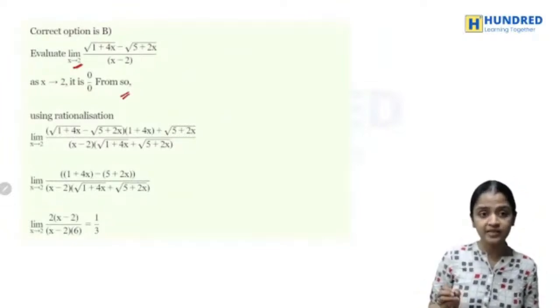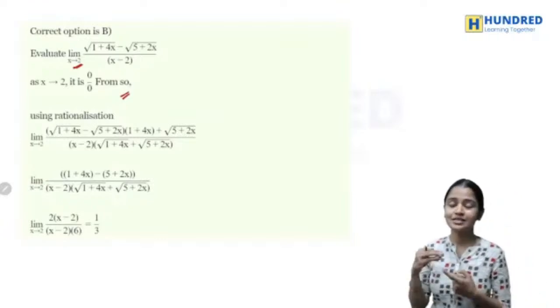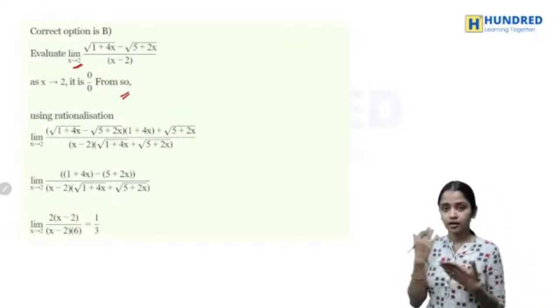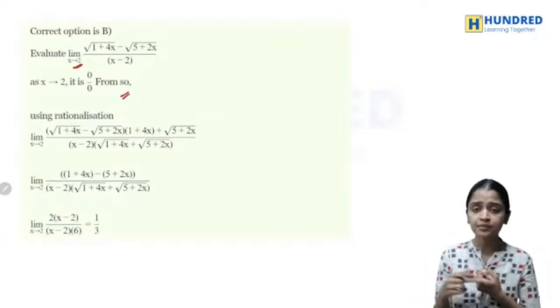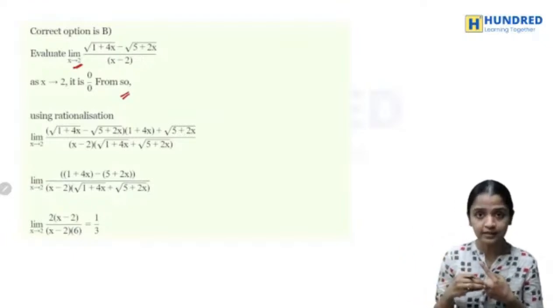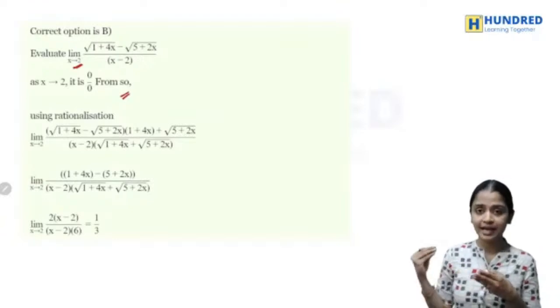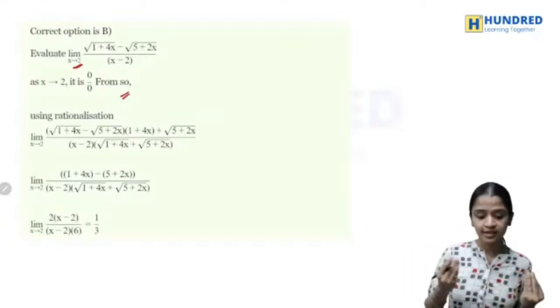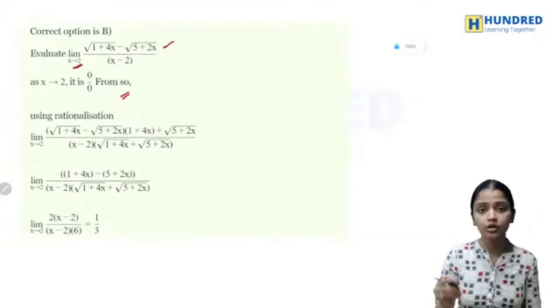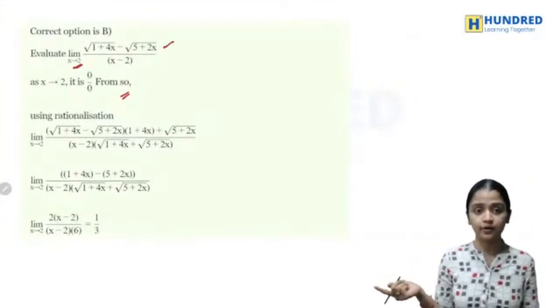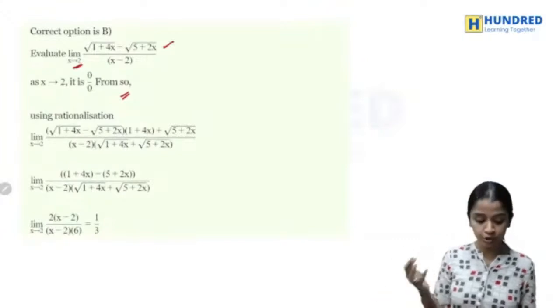If it is 0 by 0 form, I told you, you can cut down the common terms, or you can use L'Hospital rule, or you can use the rationalization method. Here, if I use L'Hospital rule, I have to differentiate the numerator. It'll be really a huge task.